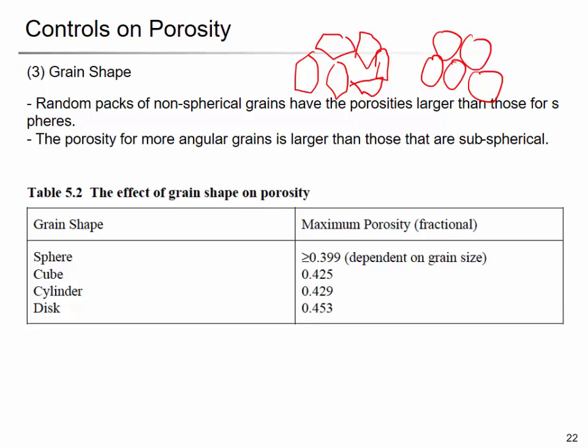Sphere, if it's random packing, 40%, and cube, 42.5%, and cylinder, 43%, and disc, 45%.